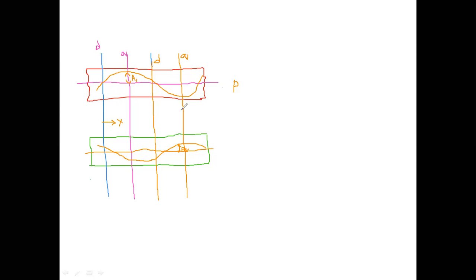Suppose this is the primary and this is for the secondary. Here we are getting some sinusoidally distributed current, and here we are getting some sinusoidally distributed current. By comparing these two, the sinusoidally distributed waveform should be changing.